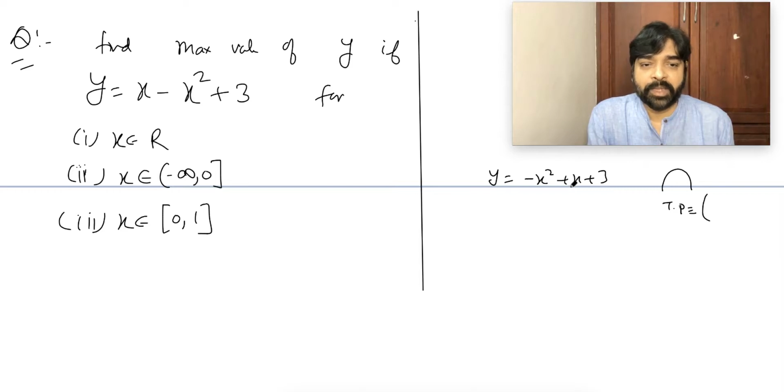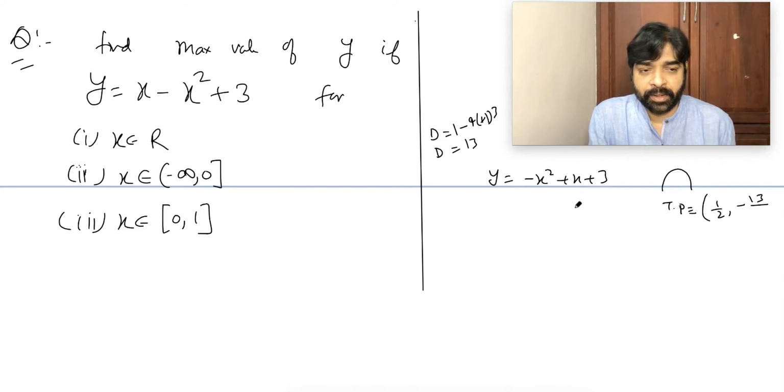Minus b by 2a means minus 1 by 2 into minus 1, which is 1 by 2. D is b square minus 4ac, 1 minus 4 into minus 1 into 3, so D equals 13.